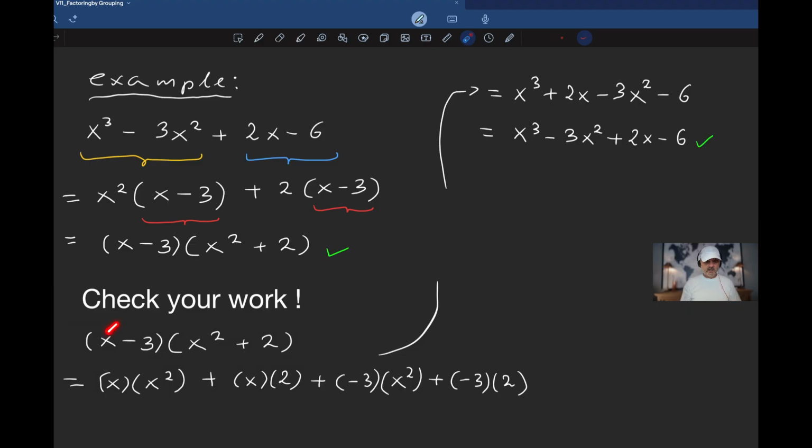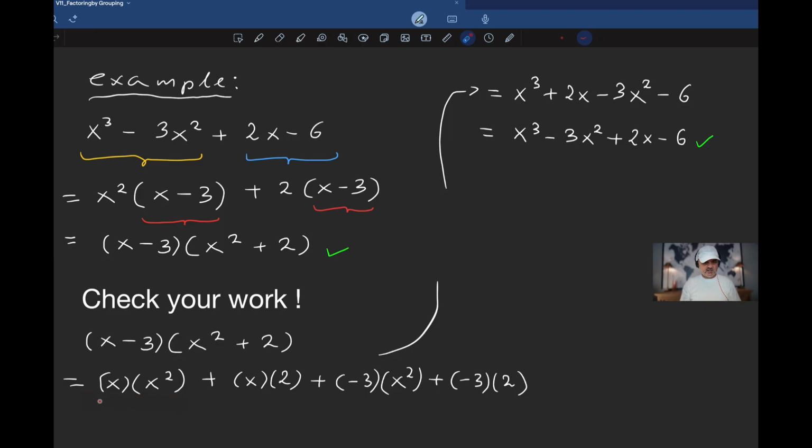So x times x squared will be multiplying, then x times 2, and then we multiply negative 3 times x squared and negative 3 times 2. This step shows that extra step, which doesn't hurt. It tells you what was happening with each product so that you can follow and control what was done.